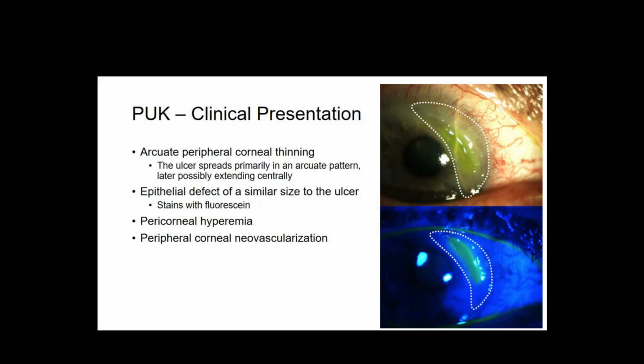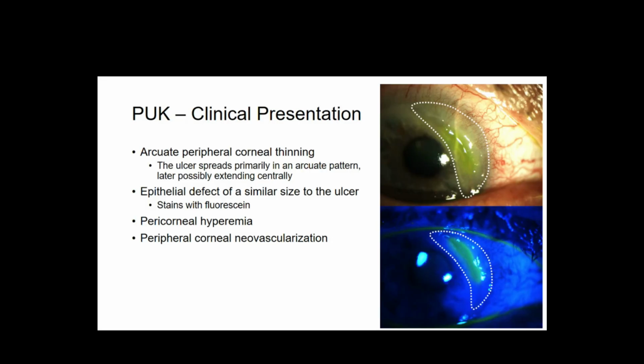And normally the size of the epithelial defect is similar to the size of the ulcer itself. And that's one possibility to distinguish it from the hypersensitivity reactions we see quite often in people who have blepharitis and develop lesions also in the peripheral cornea.